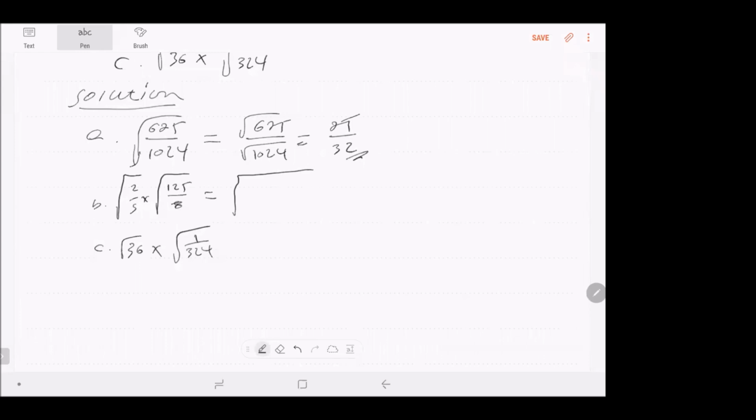By applying the above property, we can rewrite the given expression as the square root of 2 over 5 times 125 over 8. It is possible. And as I told you, before you multiply numbers, if there are expressions that can be cancelled out, first cancel out.